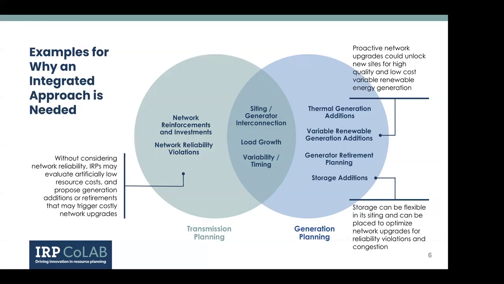On the generation side, if we run our analysis and identify locations where we can locate what looks to be a low-cost generation solution, but we're not considering the transmission network capabilities within that area, we may end up where, yes, the generation's low cost, but installing that resource in those locations results in significant transmission network upgrades to allow that generation to serve the load. If we're blind to that, we may miss it on the generation side.